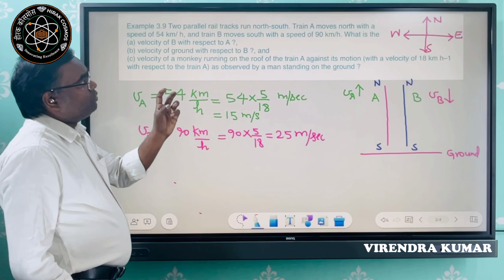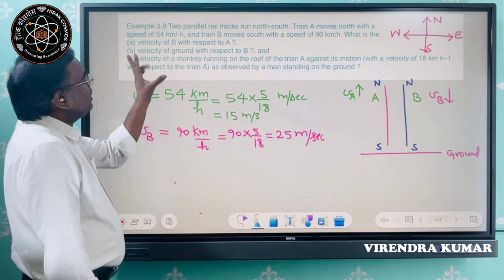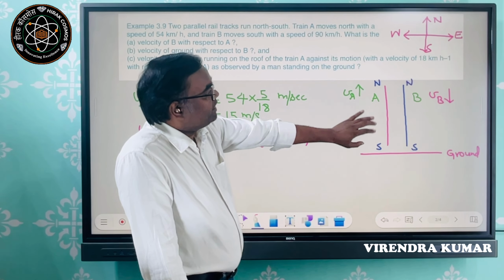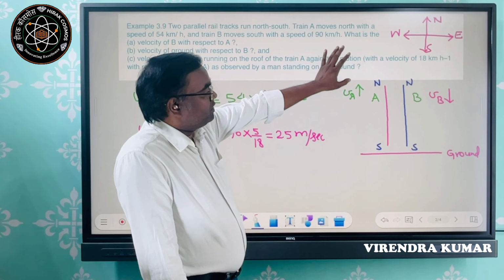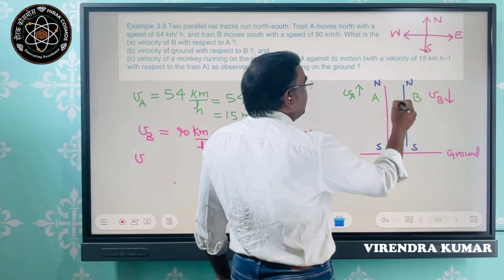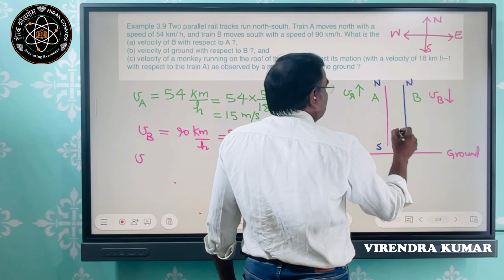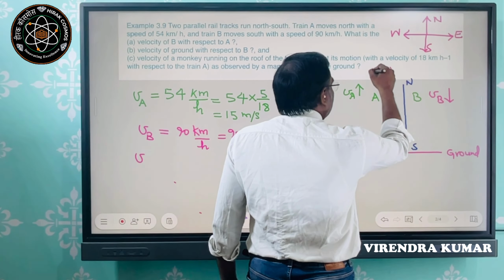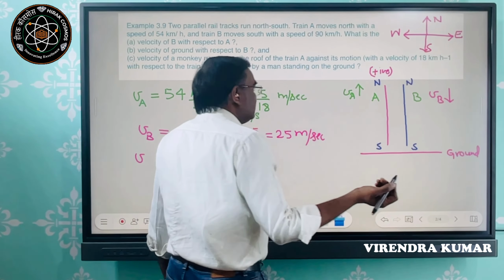Now you need to calculate the velocity of B with respect to A. VA is for the train A that is moving towards north. We take the north direction as positive, and towards south it is a negative direction.